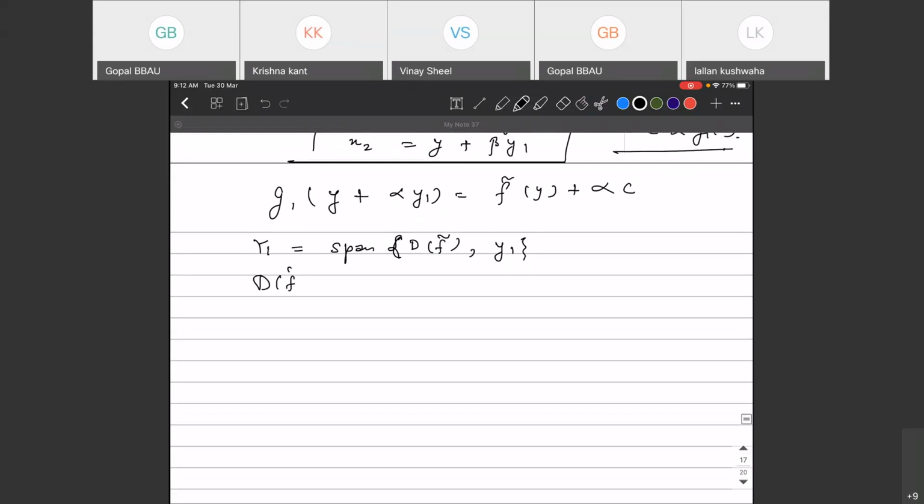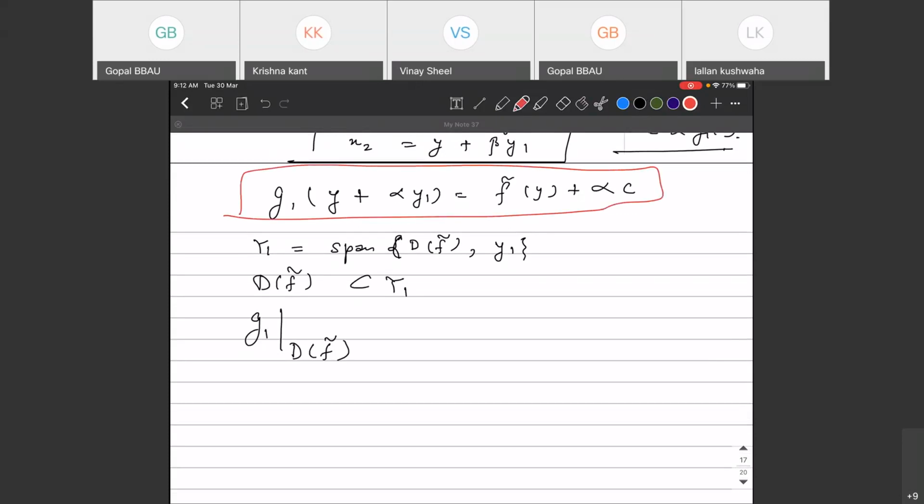So clearly the domain of F tilde is a subspace of Y1. So when we restrict this g1 to the domain of F tilde, what do we get? In this definition of g1, if we put alpha equal to 0, what you get is g1 y equals F tilde y, and you know y belongs to the domain of F tilde. So this means g1, when we restrict to the domain of F tilde, is nothing but F tilde.